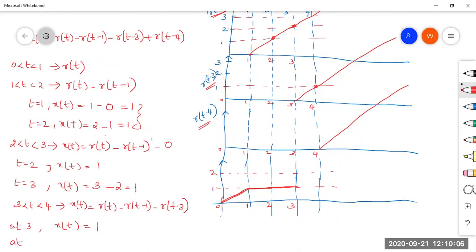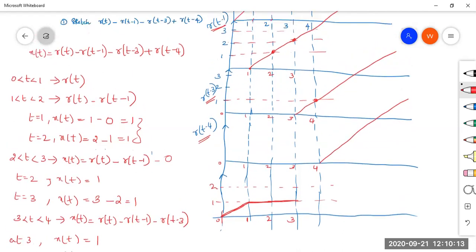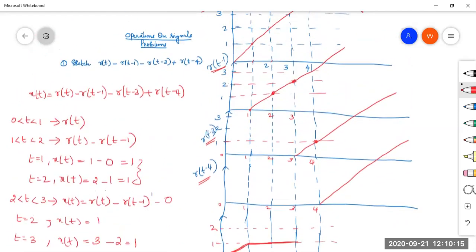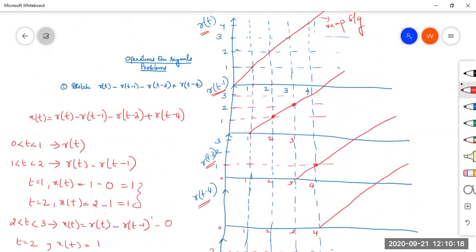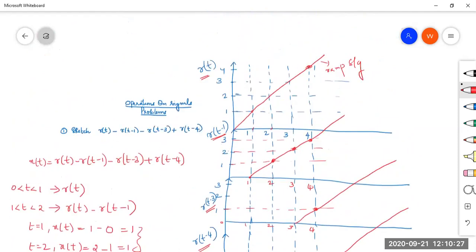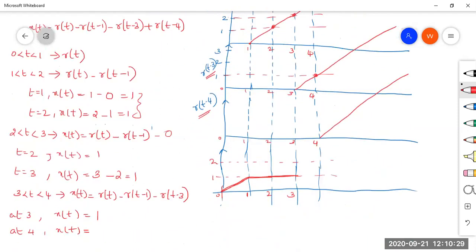Now at 4, r of t is equal to 4, r of t minus 1 is equal to 3, and r of t minus 3 is equal to 1. So the value of the signal becomes 4 minus 3 minus 1. So at 4 it is equal to 0. At 4 it is coming down to 0.